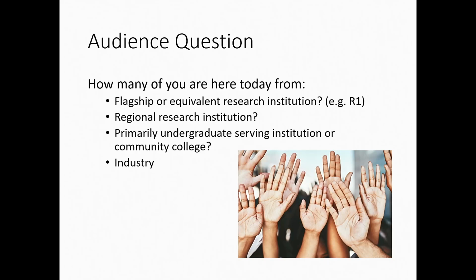Okay, cool. What about a predominantly undergraduate serving institution or community college? Okay, so those also include. And then what about industry or national labs or other folks who are participating in the research enterprise? Okay, we got one of those. Anyone not have their category called? Okay, great. That's really helpful.